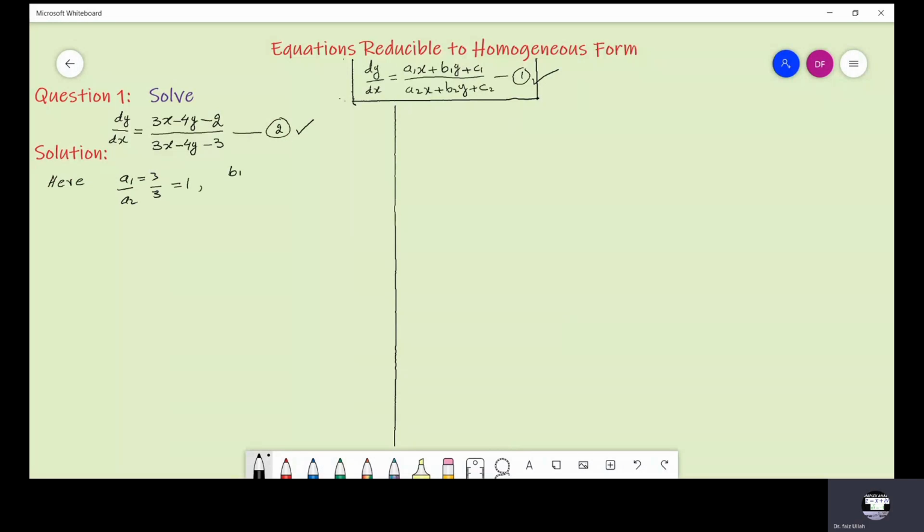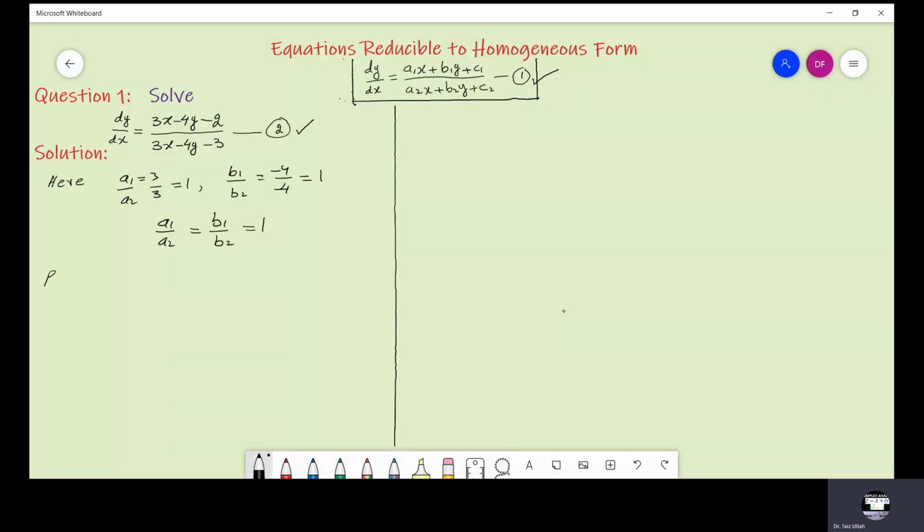Similarly, we can see that b1 is equal to -4 and b2 is equal to -4, which is equal to 1. So we can see that a1 over a2 is equal to b1 over b2. So we can use case number 1 to solve equation number 2.